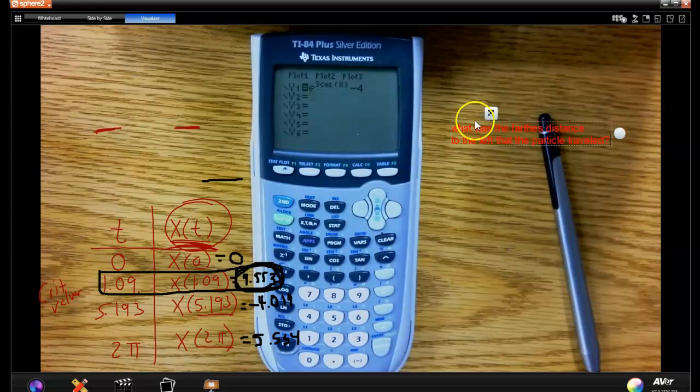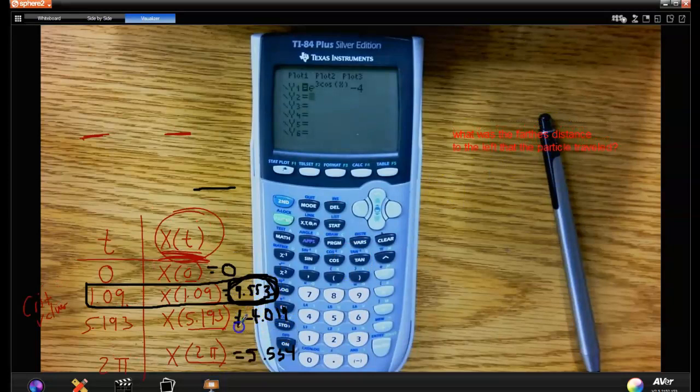If they asked you what was the farthest distance to the left, then you would say this one, Precious. Because if it's negative, that means it's on the left side. Positive means it's on the right side. These are positions, right? Think of the x-axis. If I told you +9, that's 9 spaces to the right. But -4, that means that's 4 spaces to the left. So 9.553 is the farthest to the right, and -4 is the farthest to the left.